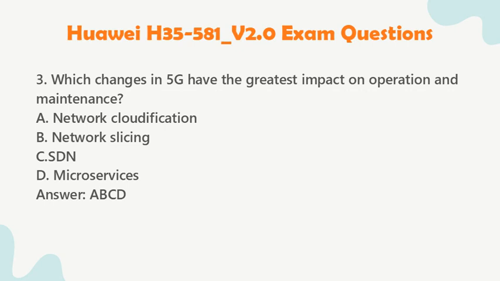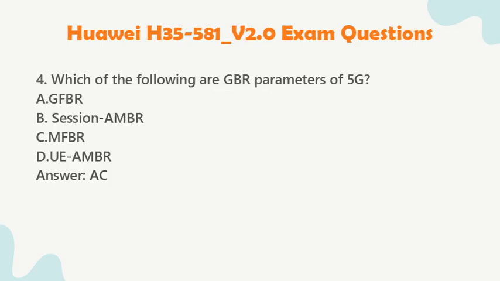A, B, C, D. 4. Which of the following are GBR parameters of 5G? A. GFBR. B. Session AMBR. C. MFBR. D. UE AMBR. Answer. AC.